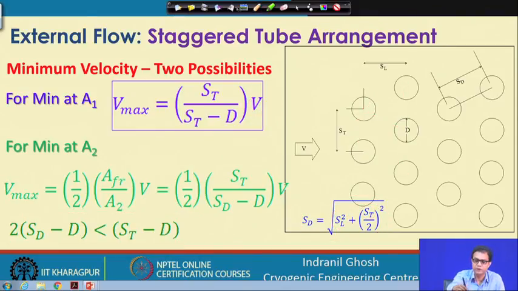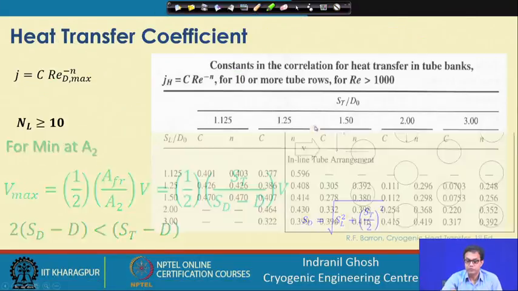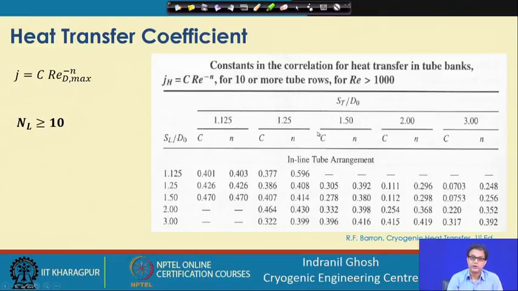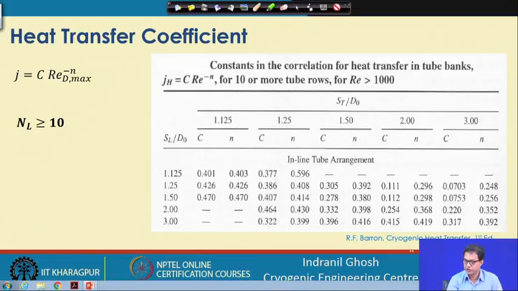So, up to this part we have learned, and once we have calculated the maximum velocity, we can calculate the Reynolds number, and once we know the Reynolds number, we would be able to find out the heat transfer coefficient. Generally this has been taken from the Bejan heat transfer book.